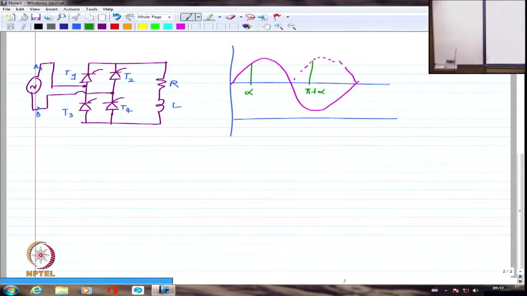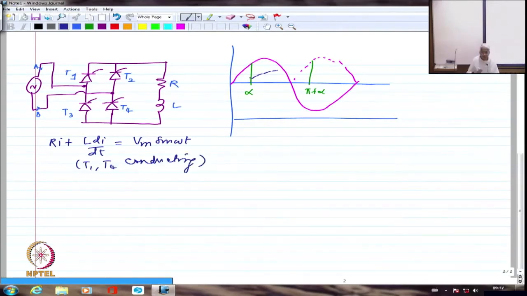So maybe it is starting off with some value. From here, it is going to start increasing like this, and at some point it will start decreasing. Let's write the equation again: Ri plus L di by dt equals Vm sine omega t if I am having T1 and T4 conducting.